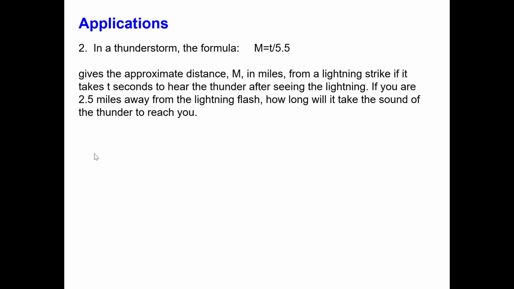Now let's write the information we have. We have this formula: m equals t divided by 5.5, where m corresponds to the distance and is in miles, and t corresponds to the time and is in seconds.